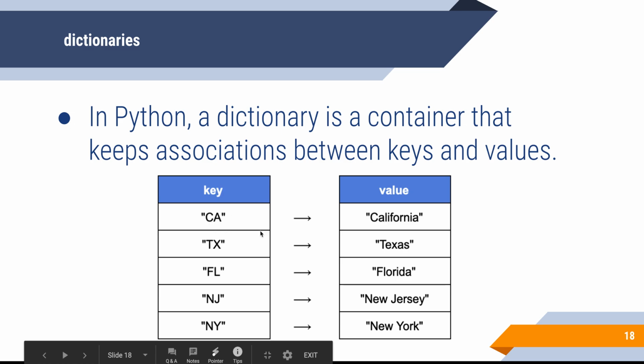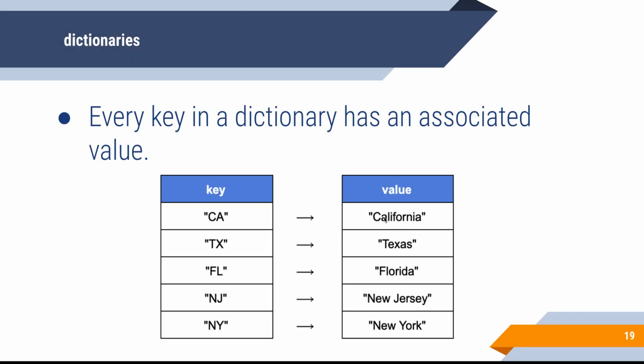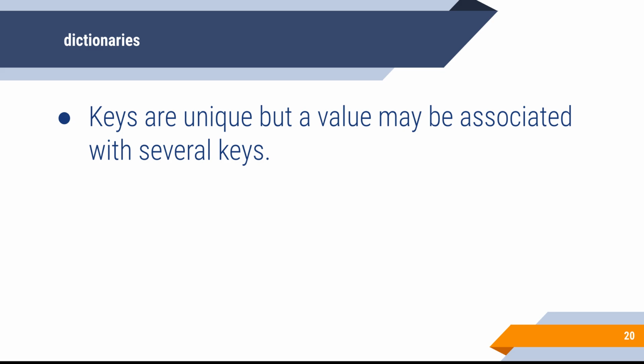You're going to have a key, kind of like a dictionary's word, and then you're going to have a value, which is kind of like its meaning. Every key in a dictionary has an associated value. Keys are unique, but a value may be associated with several keys. In other words, if you think about an English dictionary, every word would be unique, but different words could all have the same meaning.